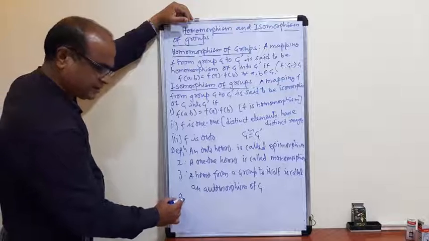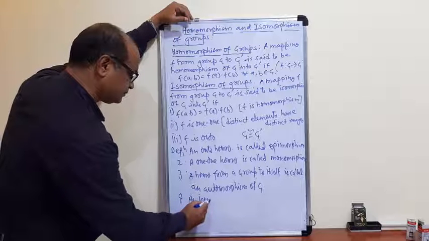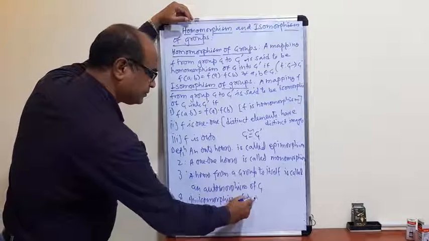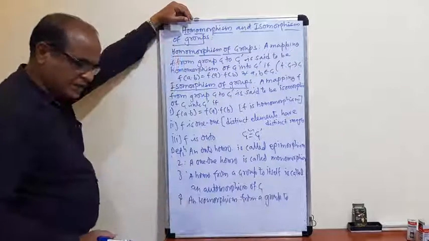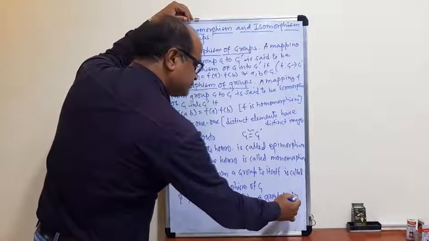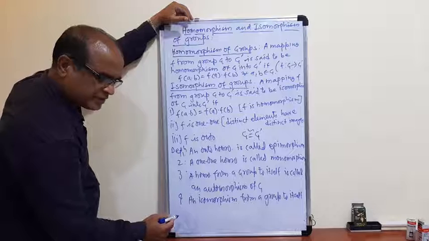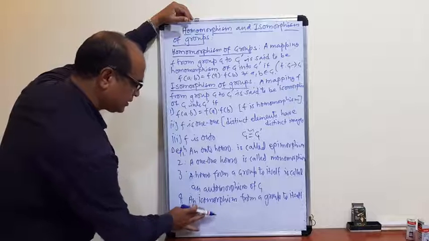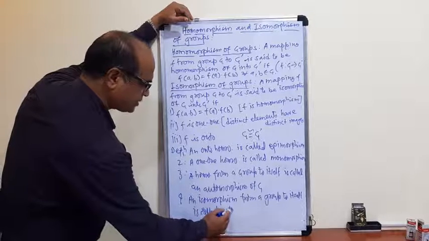What is the next definition? Four. An isomorphism from a group G to itself is called an automorphism.